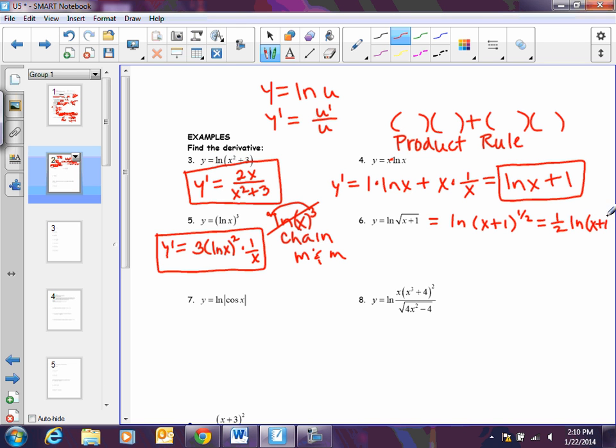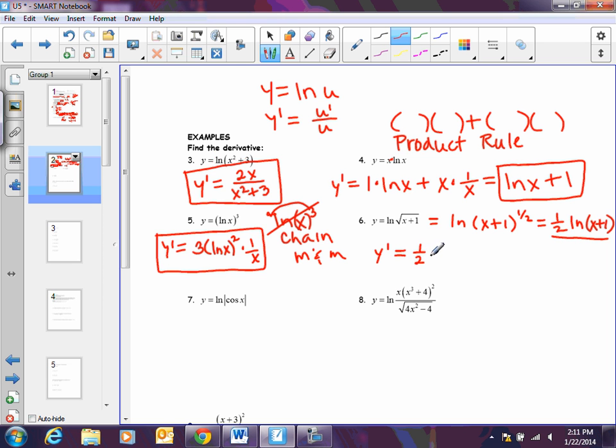If you decided, hey, I'm going to go ahead and take the derivative, you could do that. But then you're going to have to take the derivative of x plus 1 to the 1/2 power. And that's a chain rule problem. So it's not like it's that hard, but this makes it a lot easier. So when you actually get to taking the derivative, the 1/2, this is why coefficients are so nice. You just write it again.